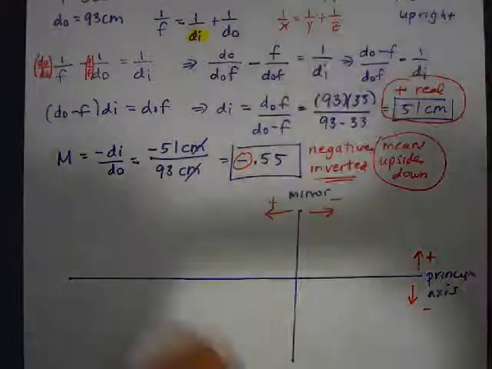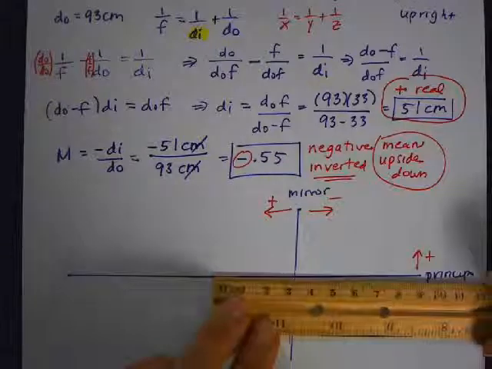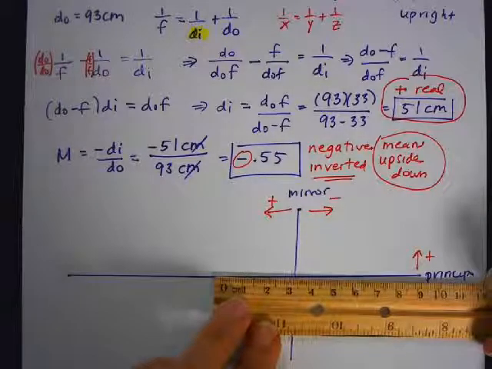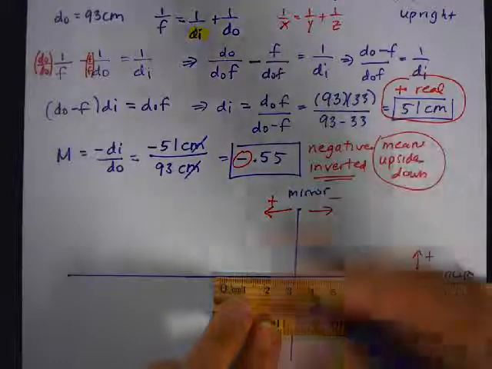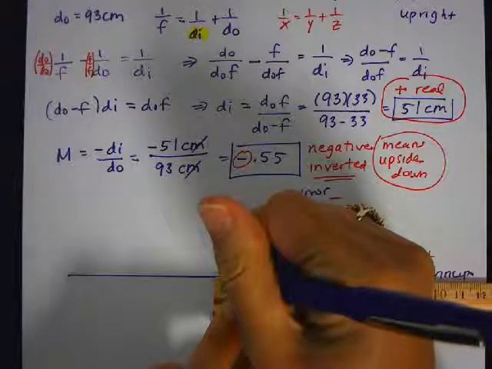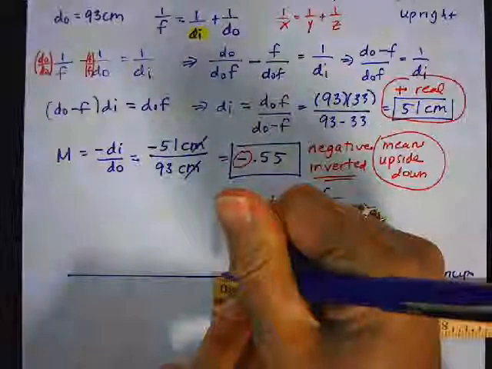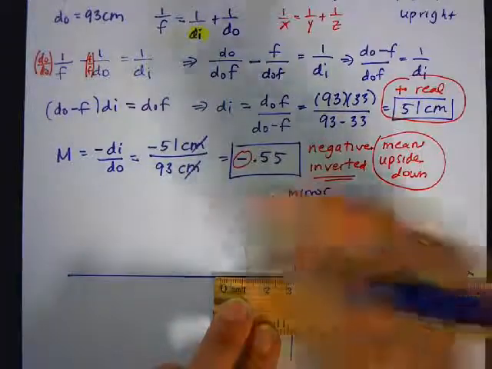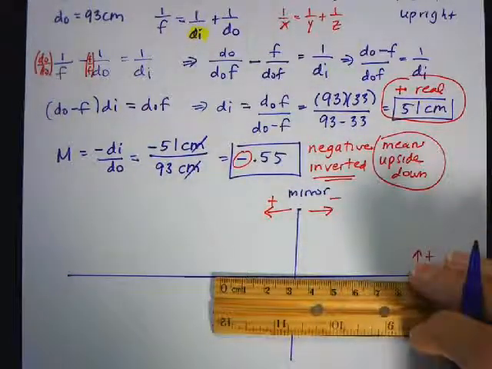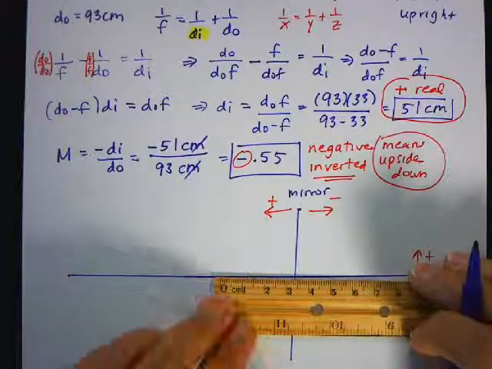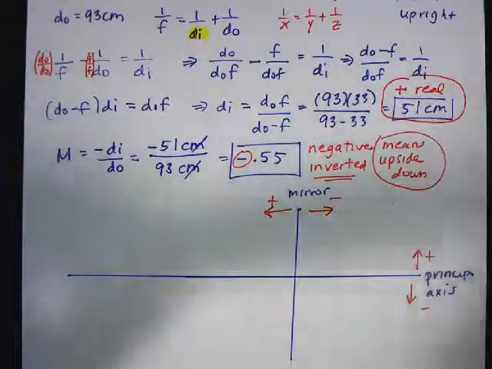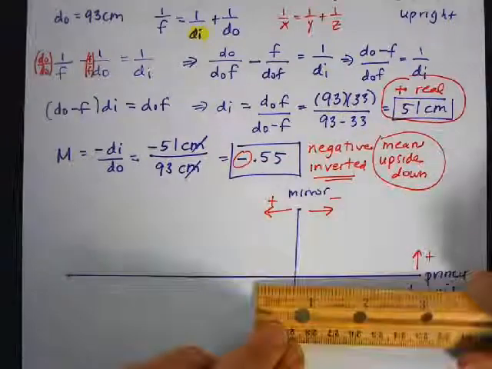So I'm going to take my ruler and say, okay, I did 3.3. Let me divide that by half, or let me use a different scale.